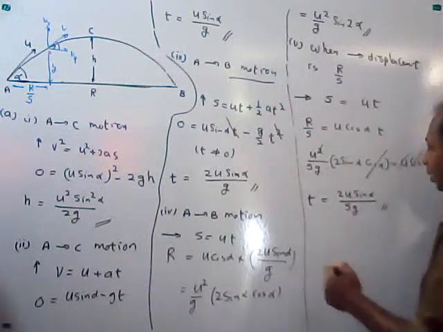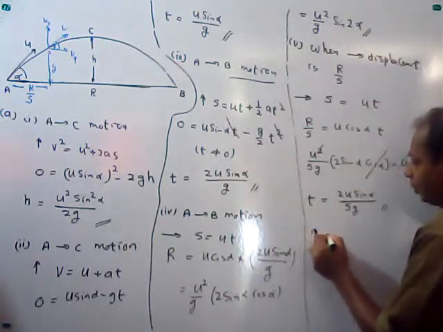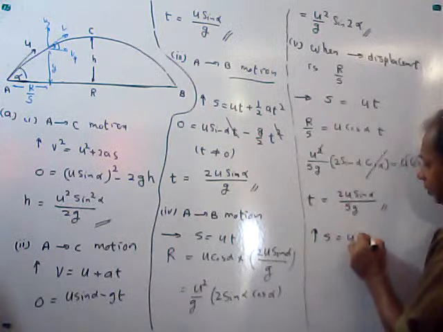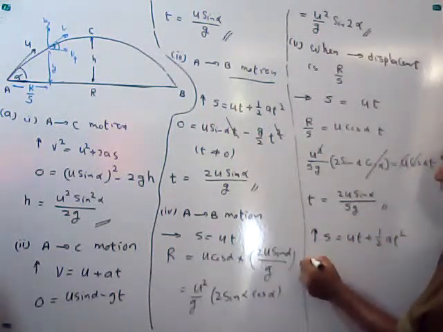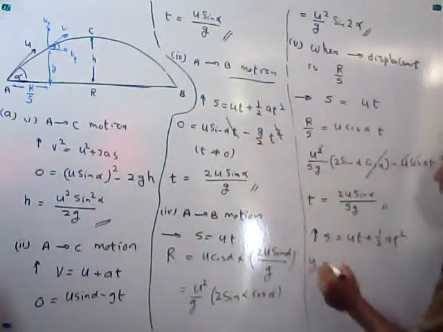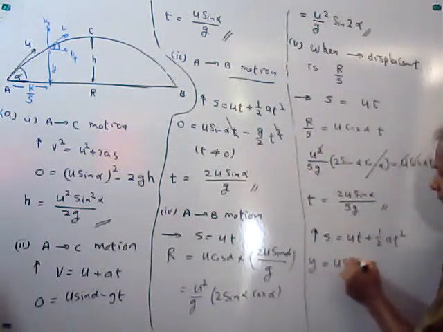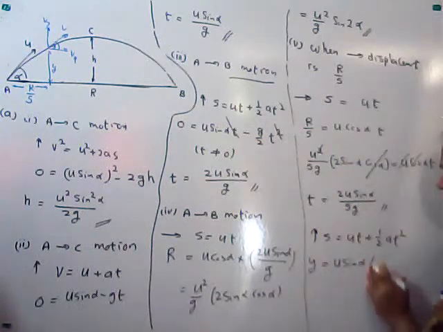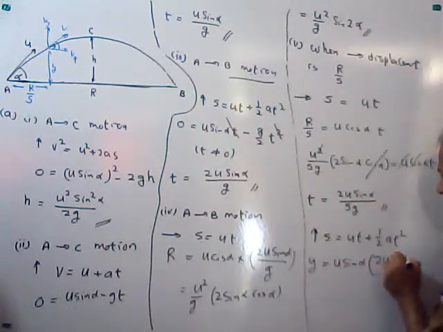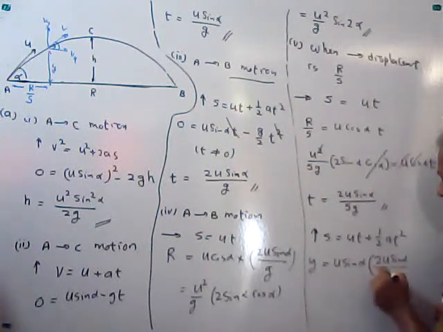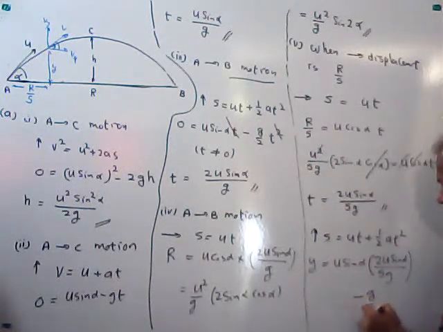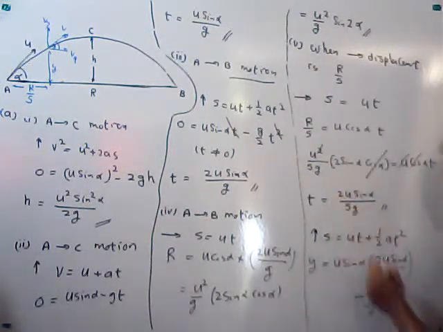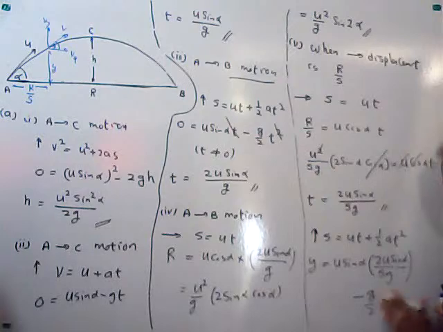S is y, u is u sine alpha, t is 2u sine alpha over 5g, minus g over 2 t squared.